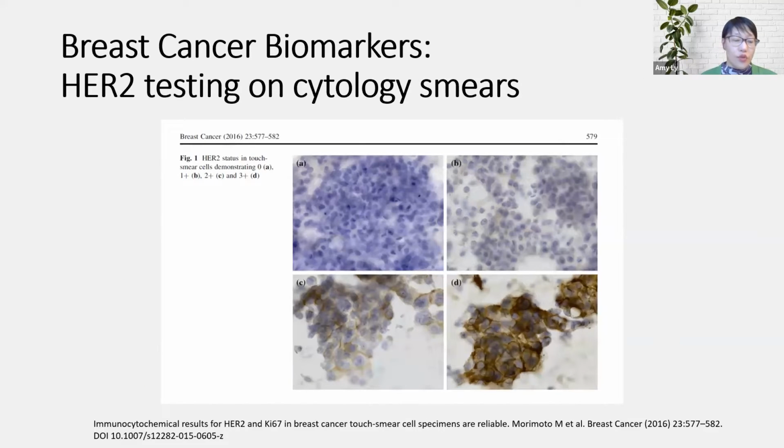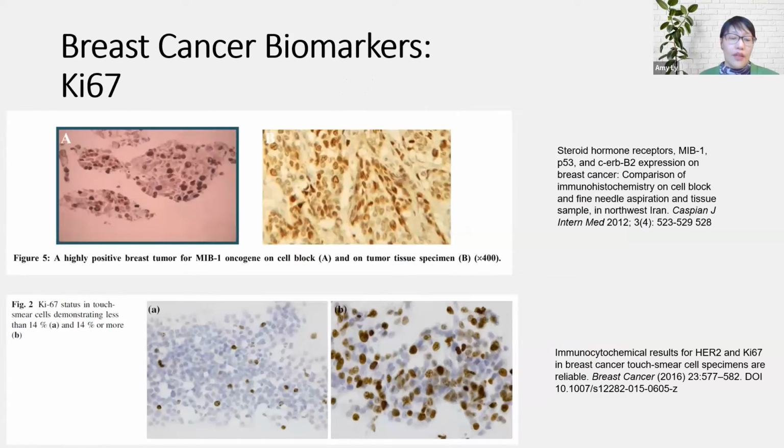And other studies have shown that HER2 can also be evaluated on cytologic smear slides successfully, as shown in this paper, where they just smeared and then performed HER2 IHC on the slide itself. Ki-67 has also been successfully evaluated on cell blocks and cytologic smears.